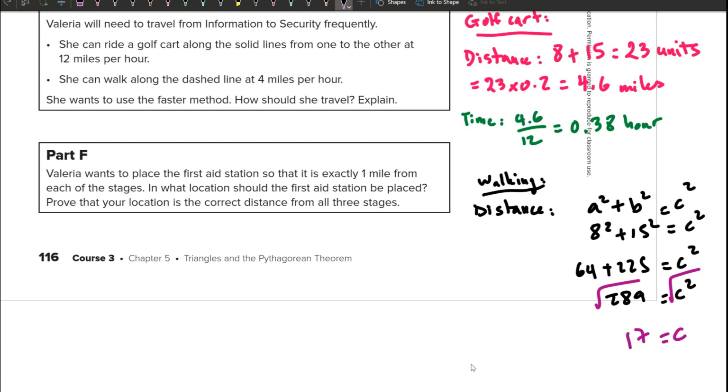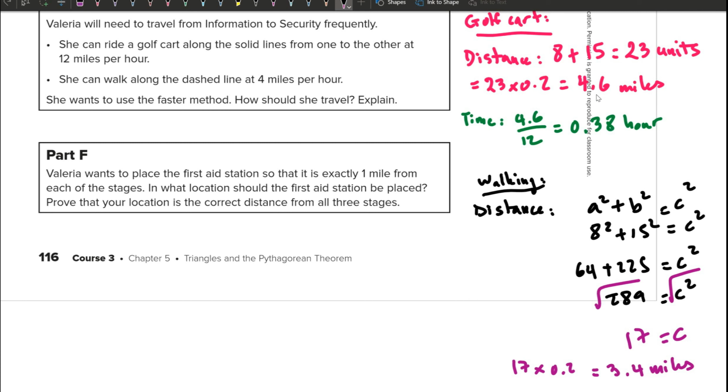So to find the miles, that will be 17 times 0.2 miles, which is 3.4 miles.